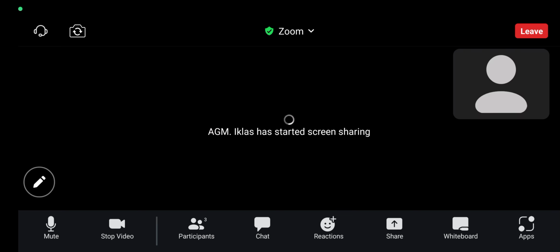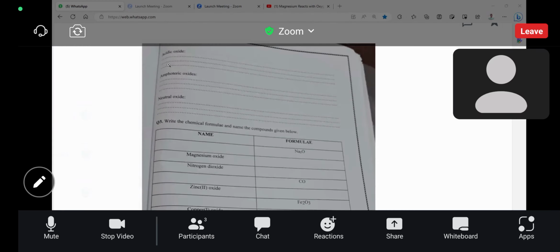Amphoteric oxides. Amphoteric oxides can act as both acidic and basic. You can write two definitions.